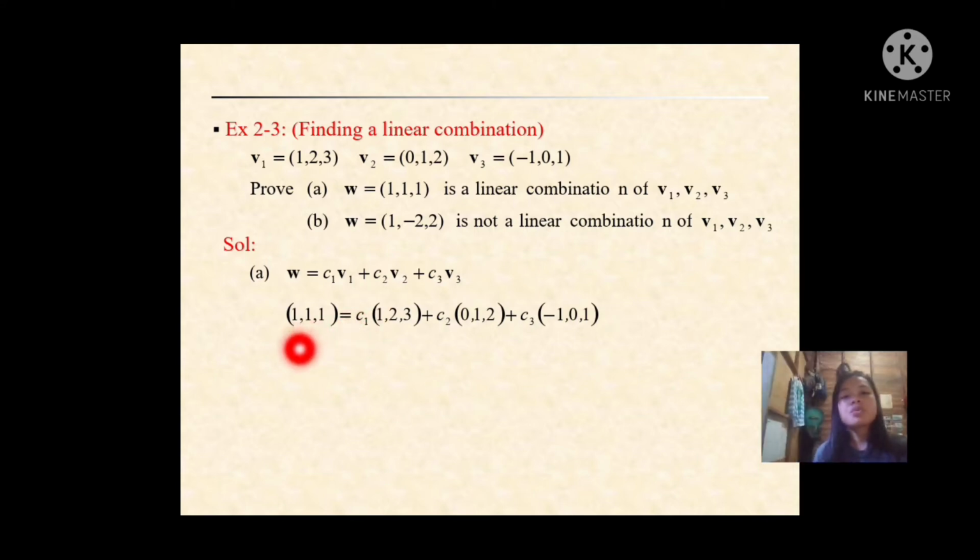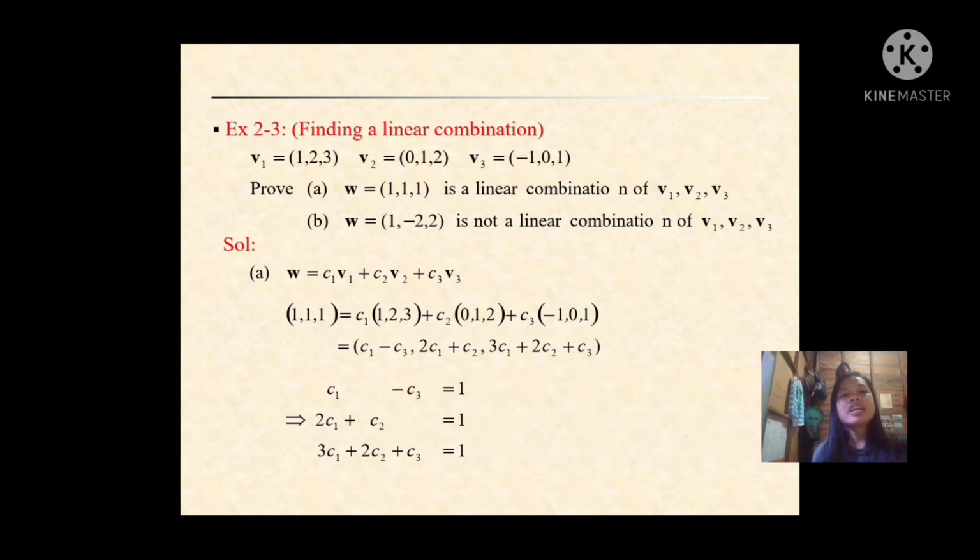Second step is 1, 1, 1 equal to C sub 1 times 1, 2, 3 plus C sub 2 times 0, 1, 2 plus C sub 3 times negative 1, 0, 1, equal to C sub 1 minus C sub 3, 2 C sub 1 plus C sub 2, 3 C sub 1 plus 2 C sub 2 plus C sub 3.